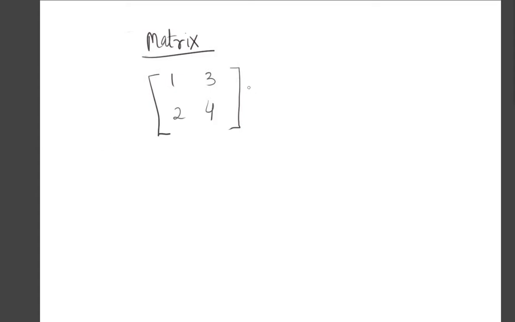Basically, a matrix helps us to store information and helps us analyze the same. It has a very practical application. As I said, it helps us analyze information and resolve problems.